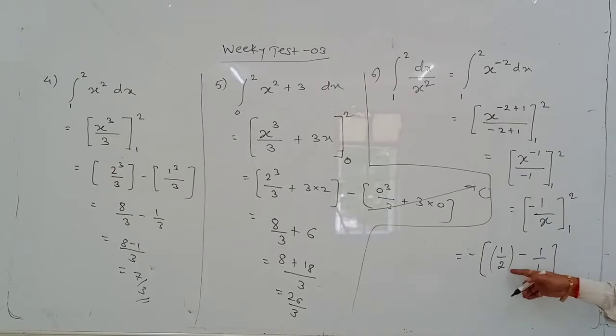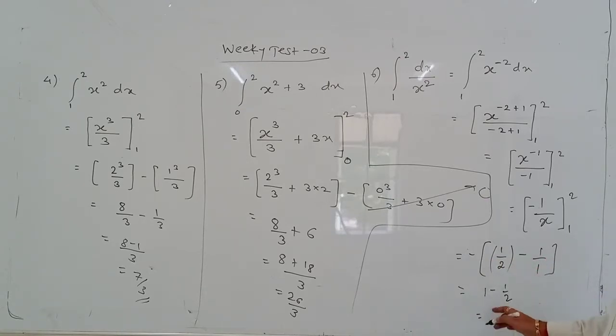So it is upper limit, lower limit. Now see, 1 upon 1 is 1. Now insert this minus sign inside the bracket. So this half will become negative and this 1 become positive. So 1 minus half will be half. So answer will be half, 1 upon 2.